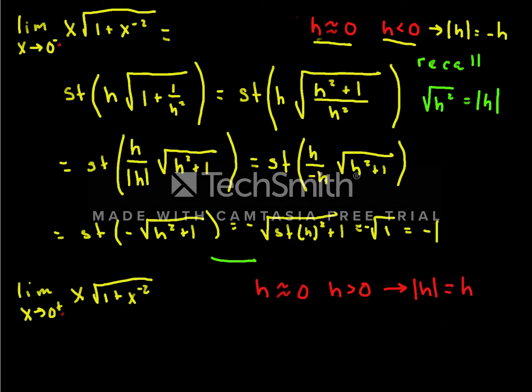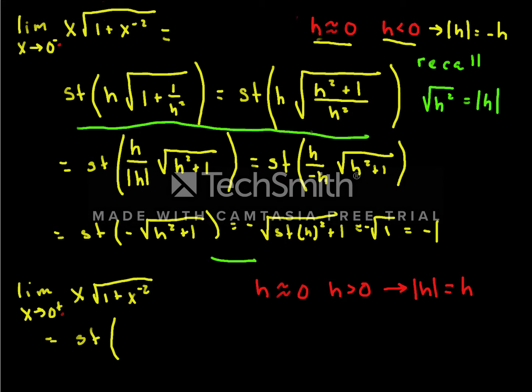So this is equal to the standard part. Well, I'm going to skip a bunch of steps because this is going to be boring, but it's going to be h times 1 plus h squared. I'm going to do all this business of making it under one fraction. It's going to come out. So I'm going to skip right to this step. Just to make it clear, I'm skipping these steps.